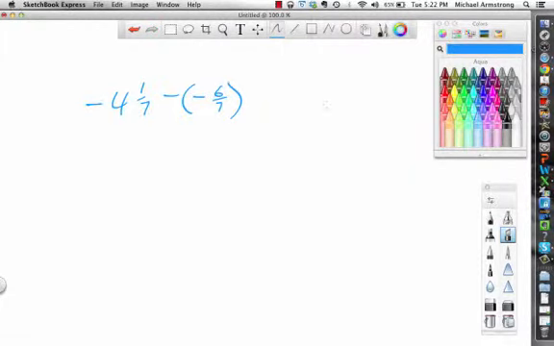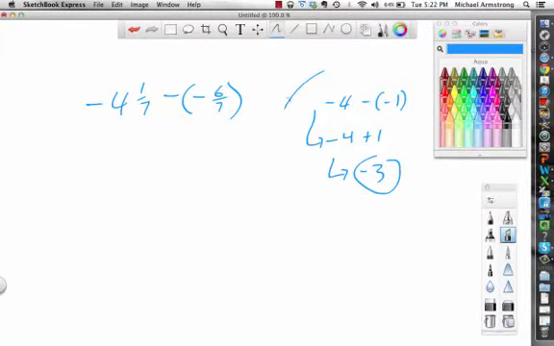And again, this is just like negative 4 take away a negative 1. I've kind of rounded 4 1/7 down to 4, and I've rounded 6/7 up to 1. But this is a simpler problem. Negative 4 plus 1 would be negative 3. So this is kind of just an example of what it would be without the fractions.